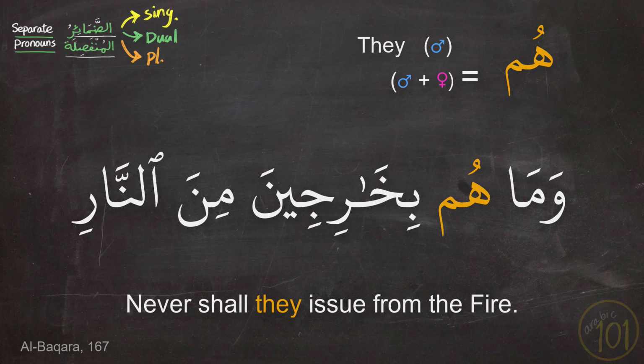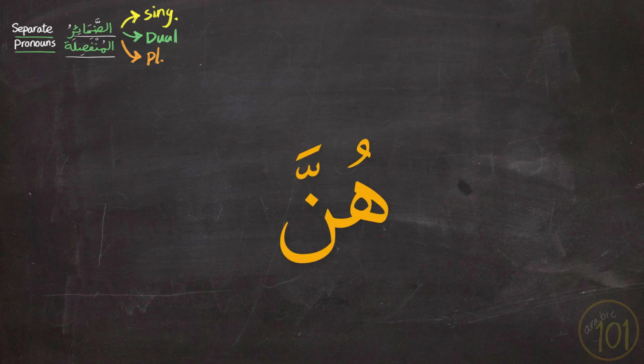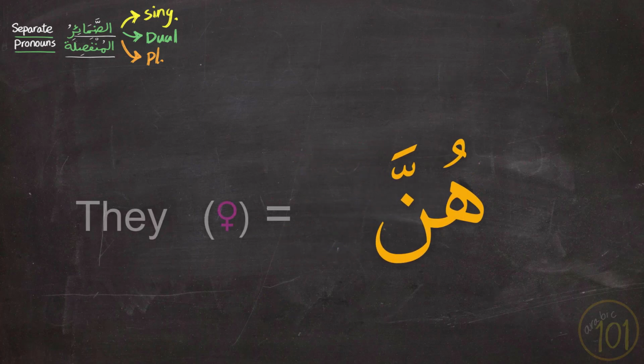Next is hunna, and it means they for feminine nouns. But the difference between hunna and hum is that hunna is used exclusively for feminine nouns, unlike hum, which could be used for masculine or masculine and feminine nouns.